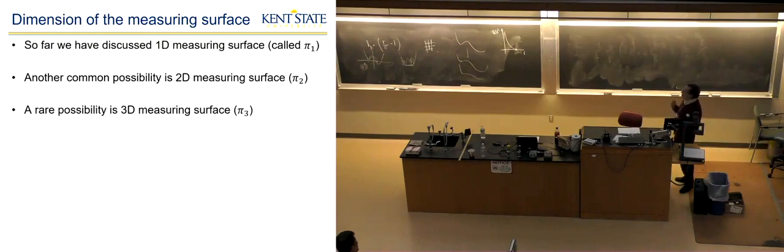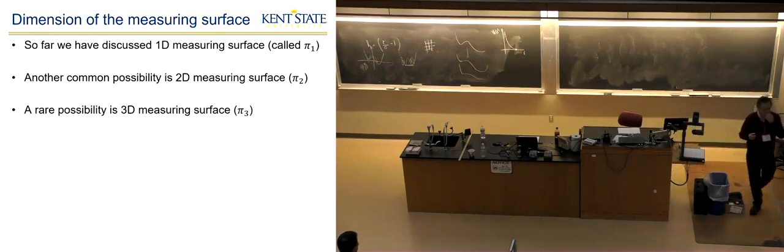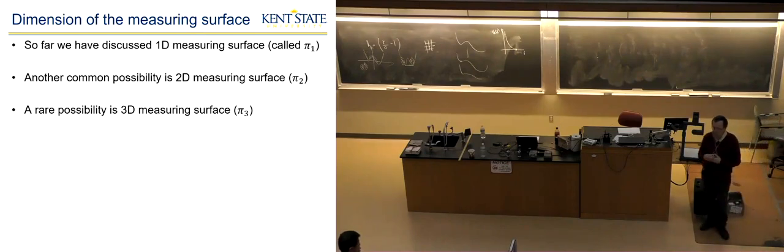Right, first, for defects and solitons. Everything that I showed you yesterday had to do with a one-dimensional measuring surface. That is, you were checking things along a line.